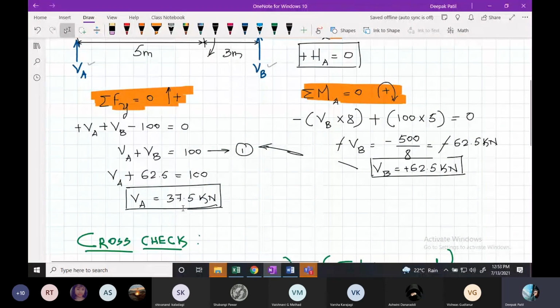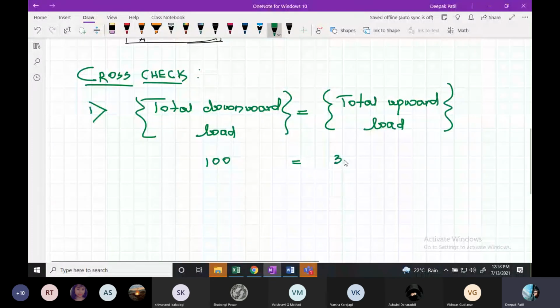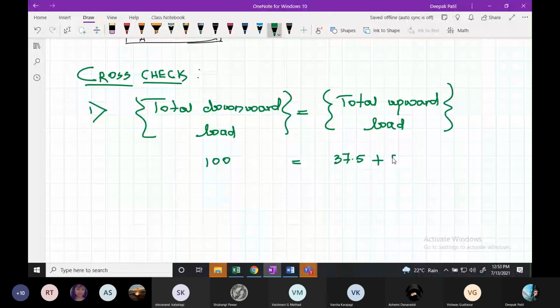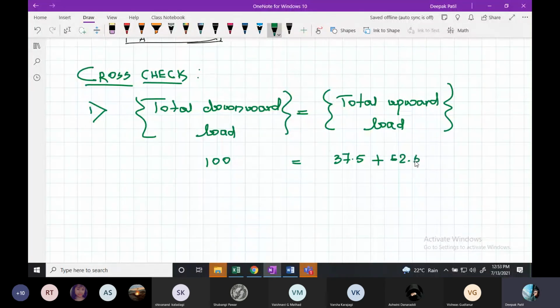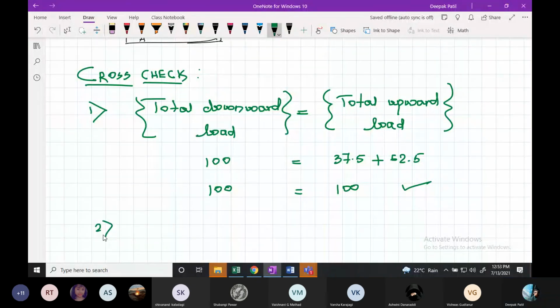What is VA? 37.5 plus 62.5. If you check this, 100 is equal to 100. So the first cross check is done. Correct. Now there is one more cross check.